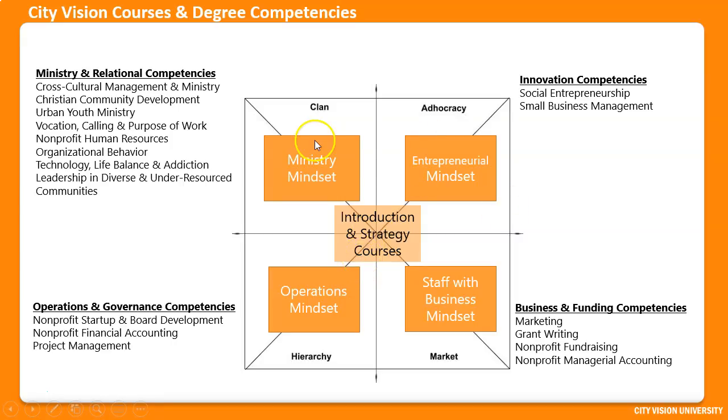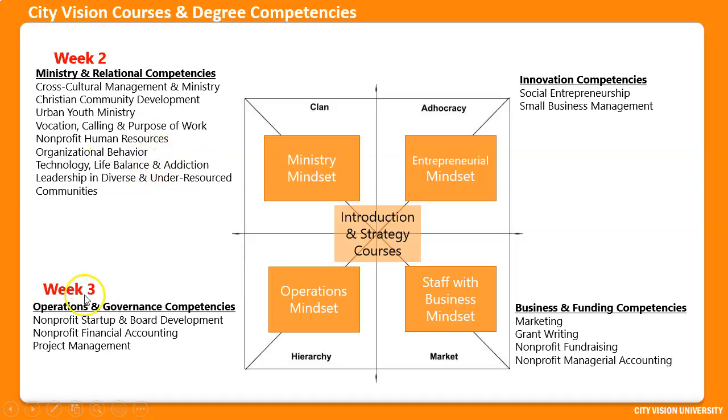But then at the end, you could almost think of this like a sandwich, where the intro is one bun, and the strategy course is the other, and then all the courses you take in the middle are kind of the meat. So in the way this is going to work, in week 2, we're going to talk about the ministry and relational competencies.